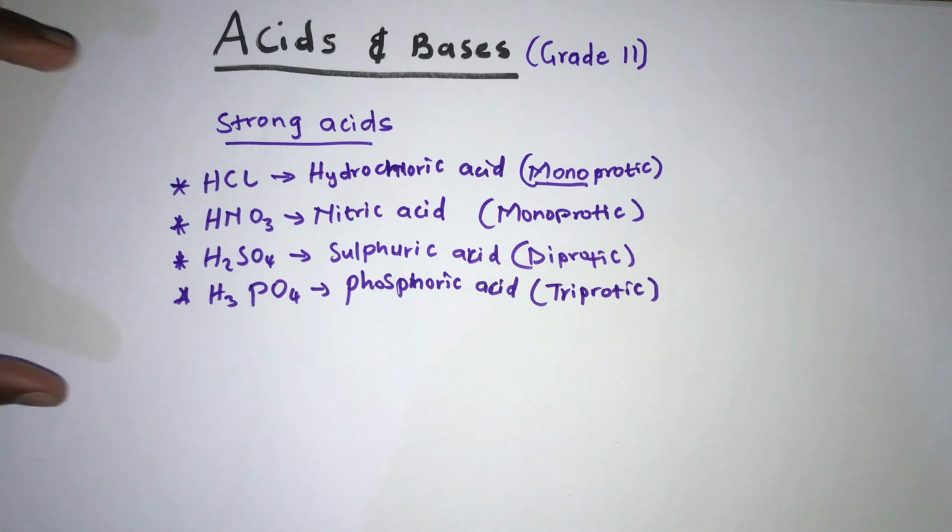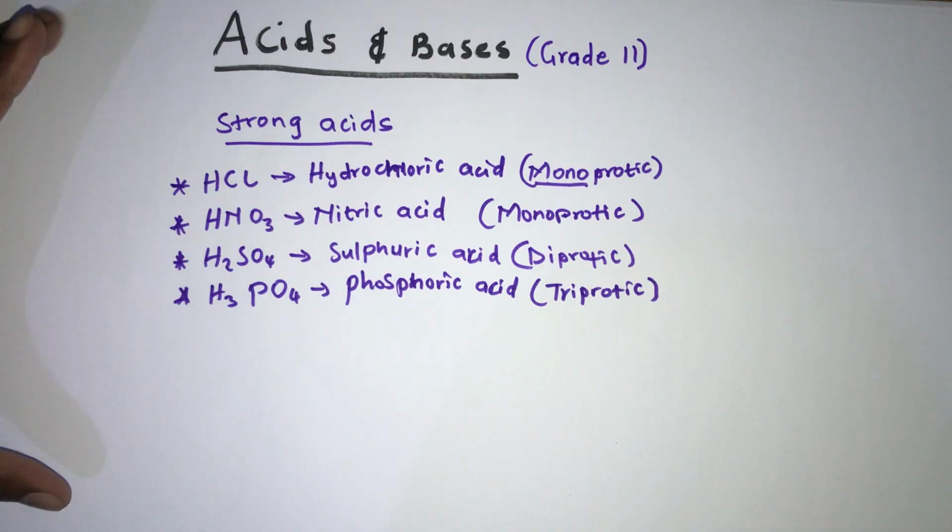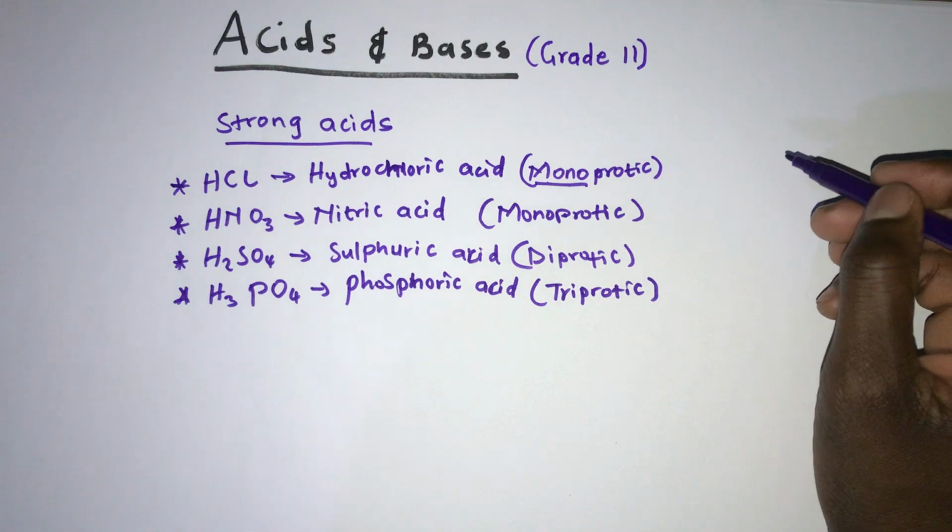So why are we saying these acids are strong acids? When we talk about weak acids and strong acids, we need to talk about how we define them. A strong acid ionizes completely in water to form hydrogen ion or hydronium ion.